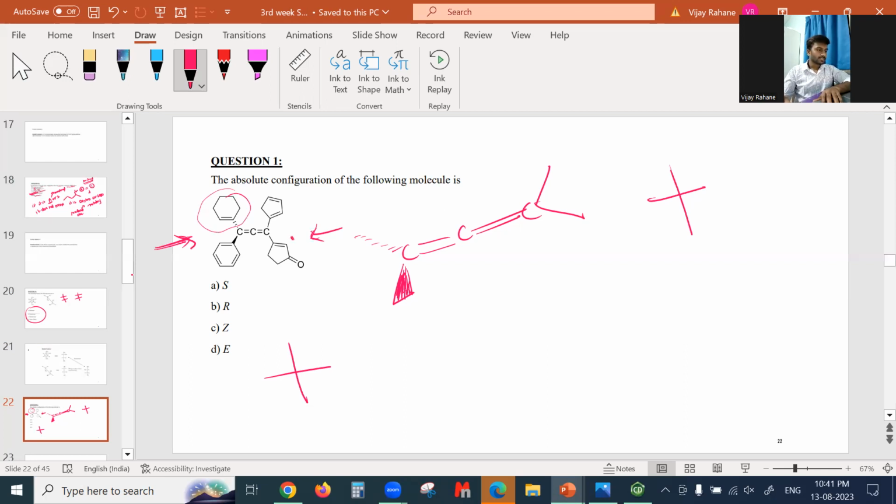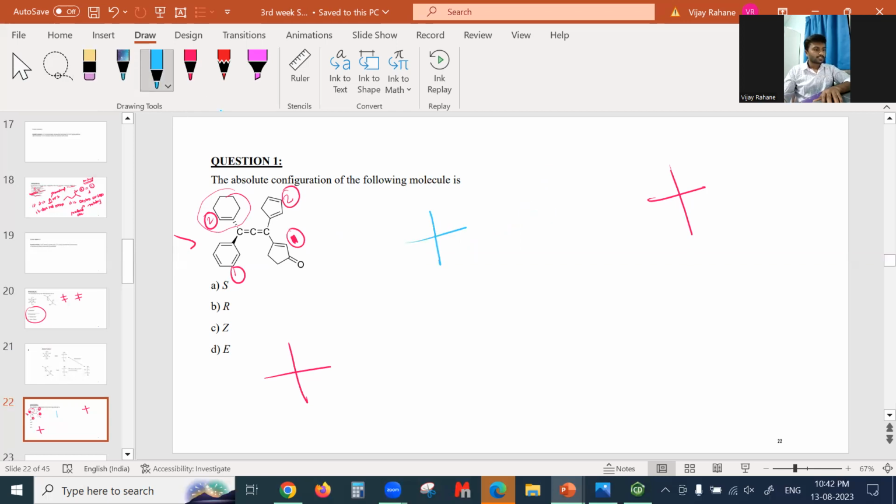The first numbering will definitely be for this carbon atom, and the second for this. Depending on which side we are looking from, we give the lower priorities to the opposite remaining atoms.